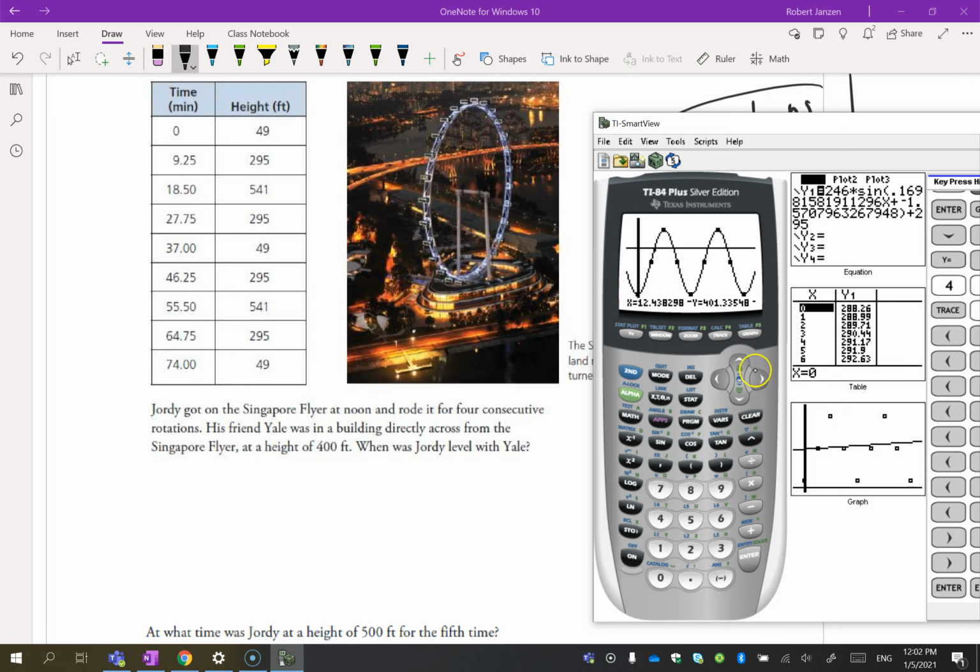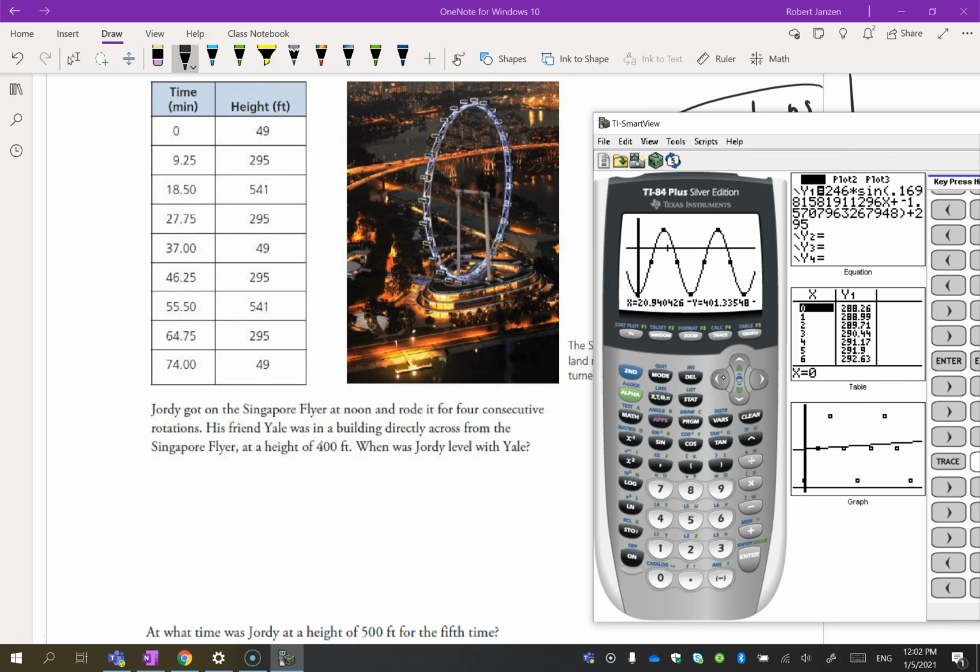I believe you should be able to figure out another one if we go a little further here. Let's try intersect again. So here I'm going to say let's go here. Enter the first curve, enter the second curve, and guess. And you can see it gives me a different one. I don't care which one you give me.